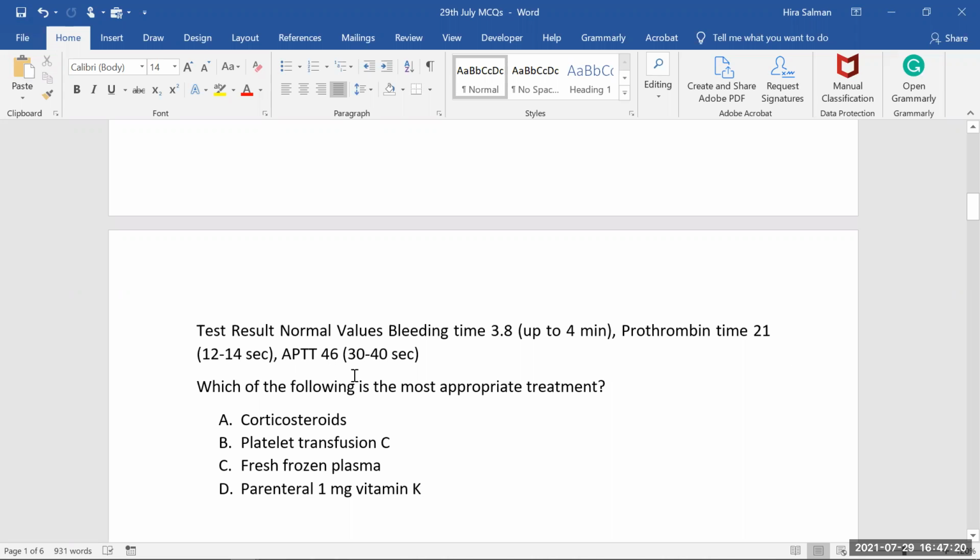This prothrombin time and APTT actually measure the clotting time, like how much time a patient is going to take to stop that bleeding. That all depends on your clotting factors and on your platelets. But as this baby didn't receive vitamin K, clotting factors 2, 7, 9, 10 will be deficient, and the bleeding time will be normal.